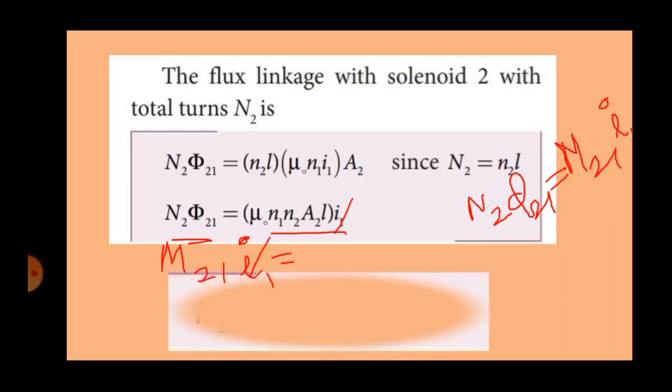Therefore, M21 is equal to mu naught N1 N2 A2 into L. So this above equation is the mutual inductance M21 of solenoid 2 with respect to solenoid 1. Understand, students? M21 of solenoid 2 with respect to solenoid 1.